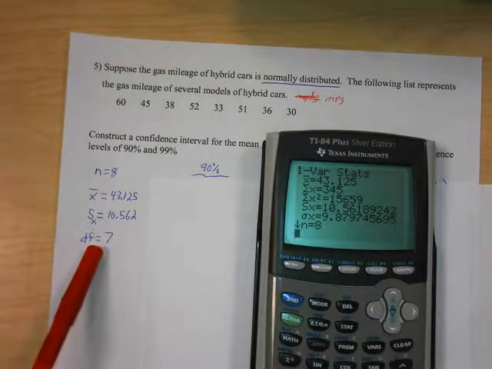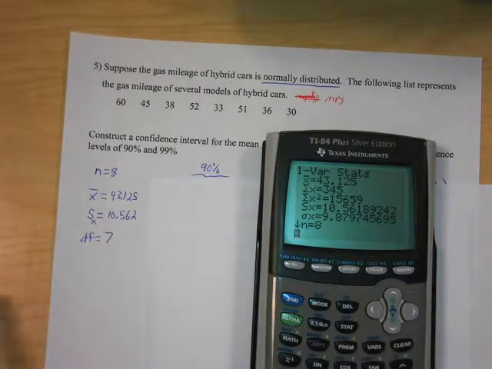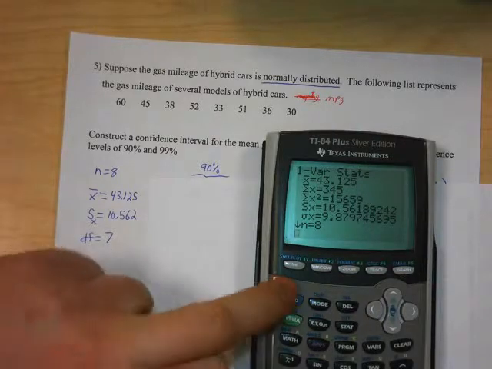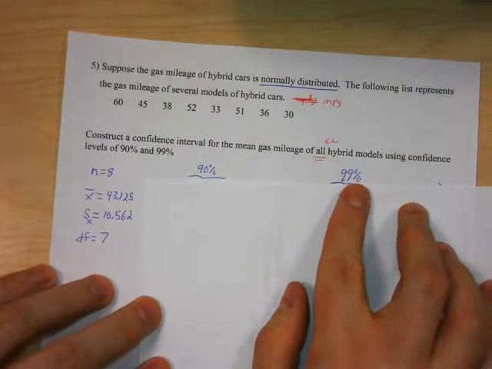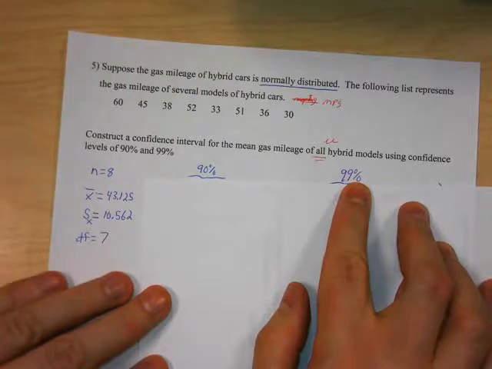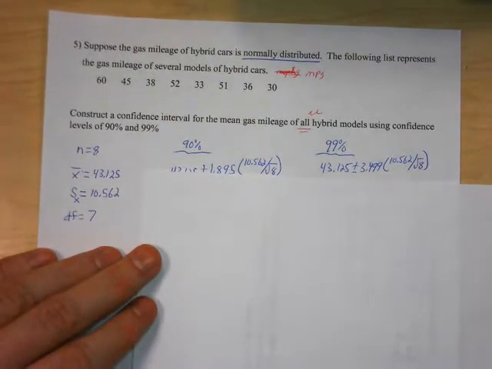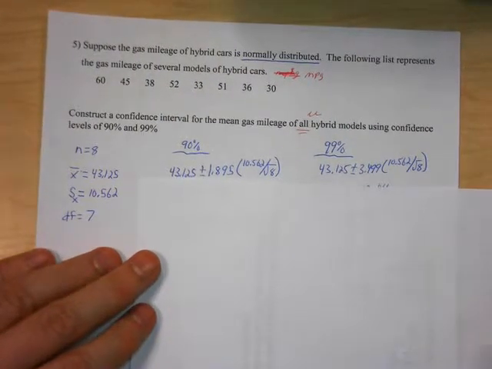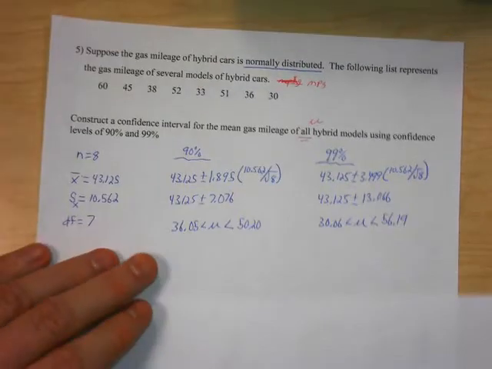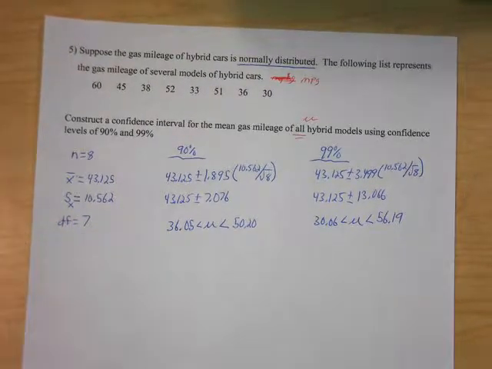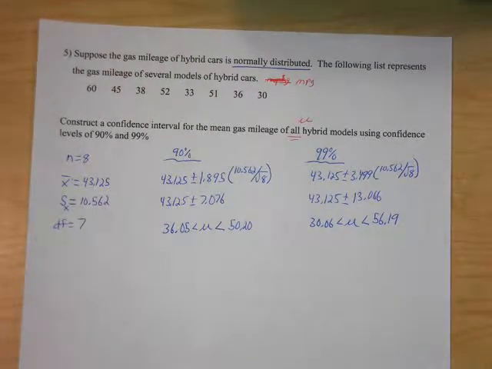So we're going to use the t distribution, and we're going to have a 90 and 99% confidence interval. Again, it's just plug and chug once you have those values. So I will put those up there for you to see. If you want to pause the video and look at that, you can.